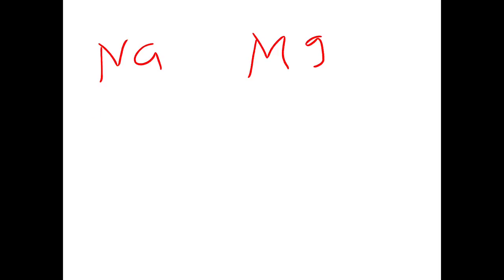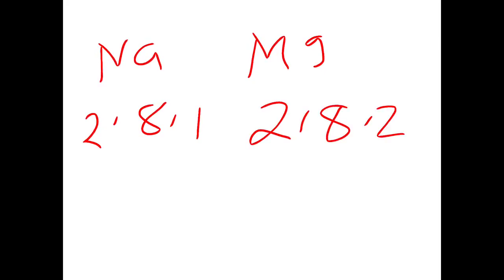The electron configuration of sodium is 2, 8, 1, and that of magnesium is 2, 8, 2. For that reason, magnesium has more protons, resulting in a higher nuclear charge compared to sodium. As a result, the atomic size of magnesium is much smaller compared to that of sodium.